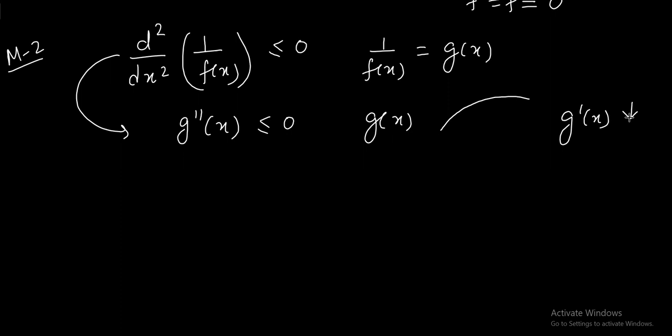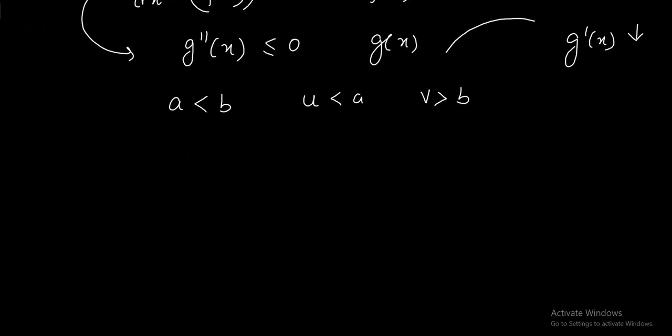If g dash is decreasing, then how am I going to use it for the question? Let us see. I'll take two arbitrary real numbers a and b, assuming a to be less than b. Further, I'll take another real number u less than a, and the next real number v greater than b. I'll join these points. That means all these points are corresponding points on the graph of the function g of x. So let me explain it with the help of a graph a little bit.